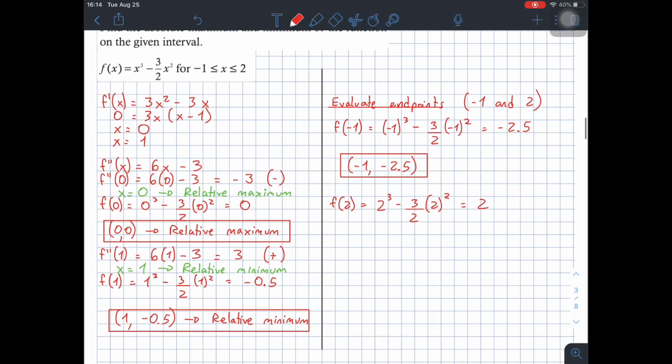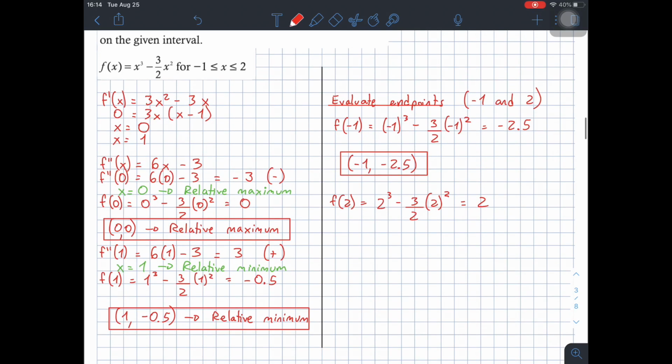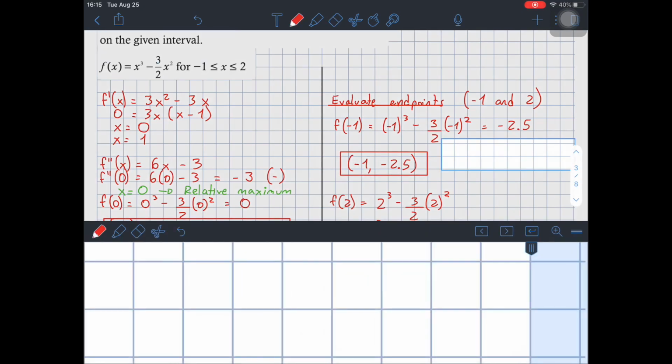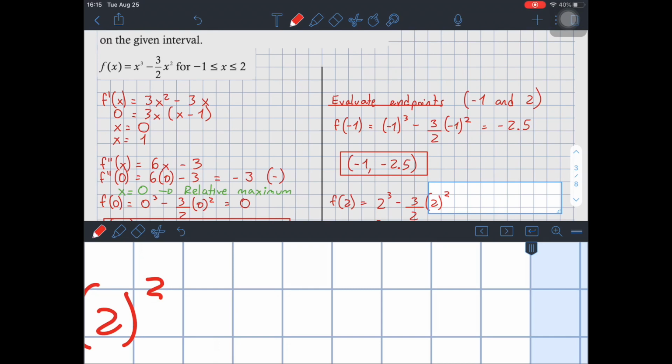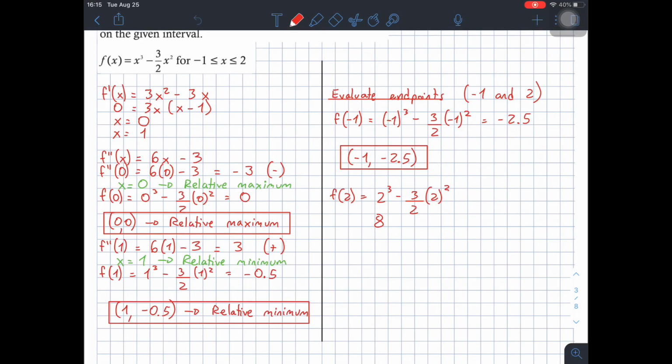So the other point, let me write that just to avoid confusion, is 8 minus 6, which is equal to 2. So this is f of 2. That means that the other point has coordinates (2, 2).